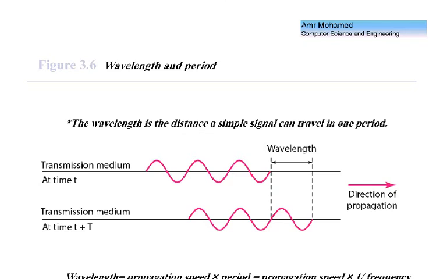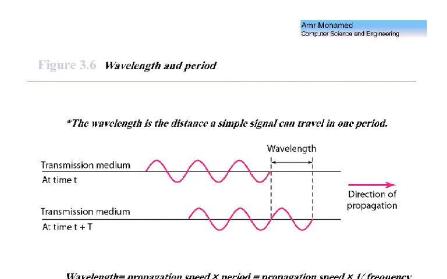A wavelength is actually a distance that the signal travels over one cycle of the signal, which means that the signal travels through the air or through any medium, and it has to travel with a specific speed.